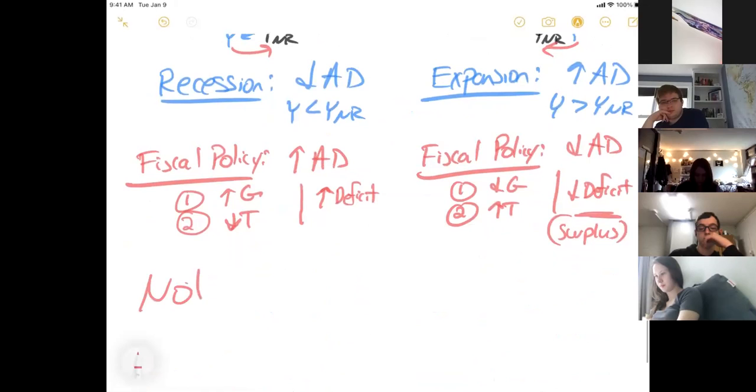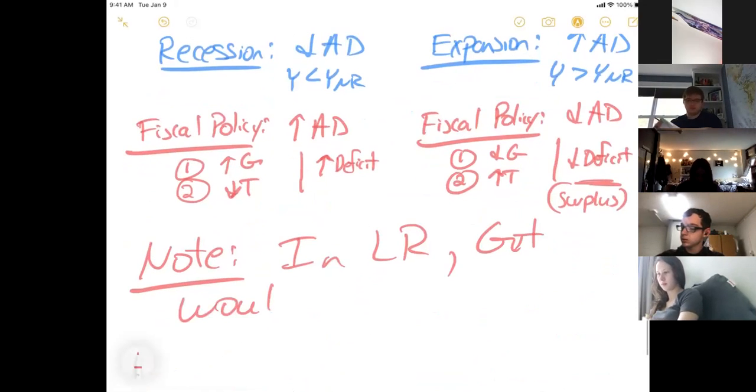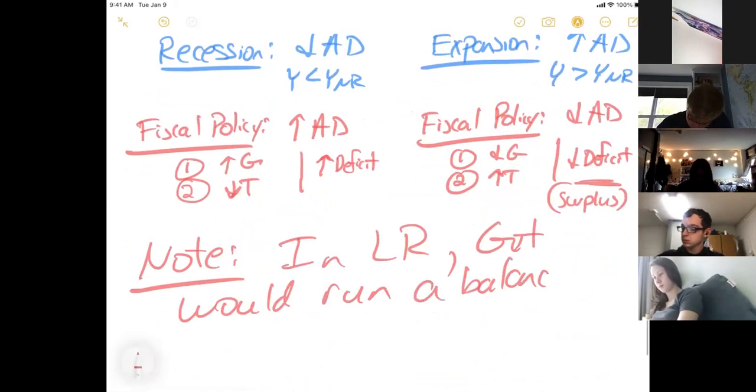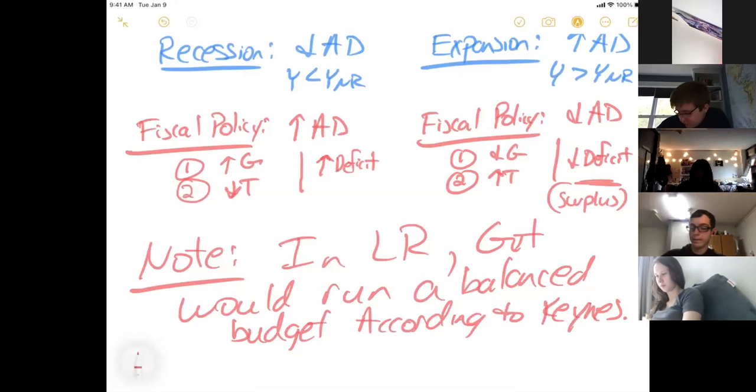Note, in the long run, the government would run a balanced budget according to Keynes. In other words, sometimes you run deficits, but other times you run surpluses. Over the long haul, that will even itself out.